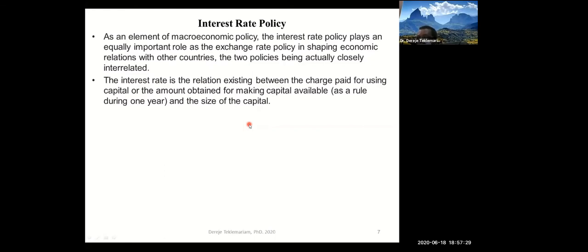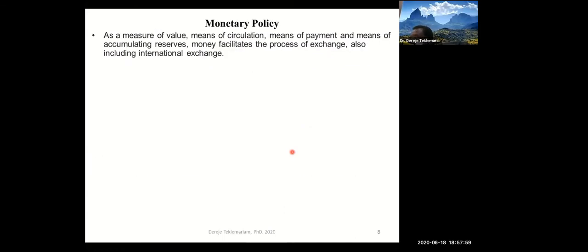The price for capital is interest rate, and sometimes countries have their own way of devaluing that price, let's say, to encourage investment. And if investment may not be that important, they may encourage saving. So to encourage savings, the interest rate may increase. All this can have direct or indirect impact on the foreign economic activities.